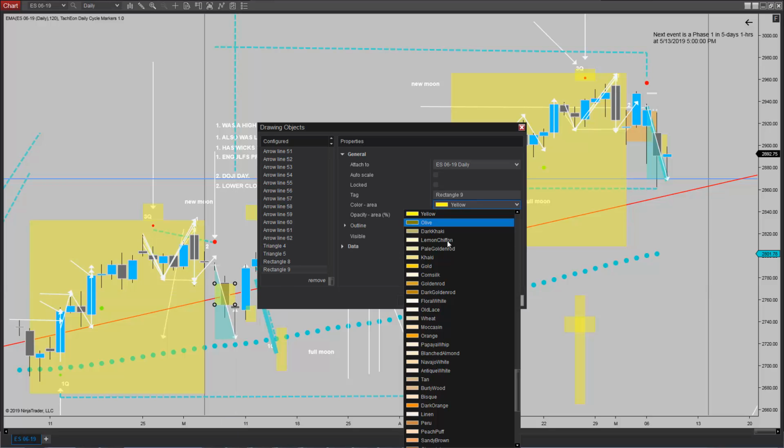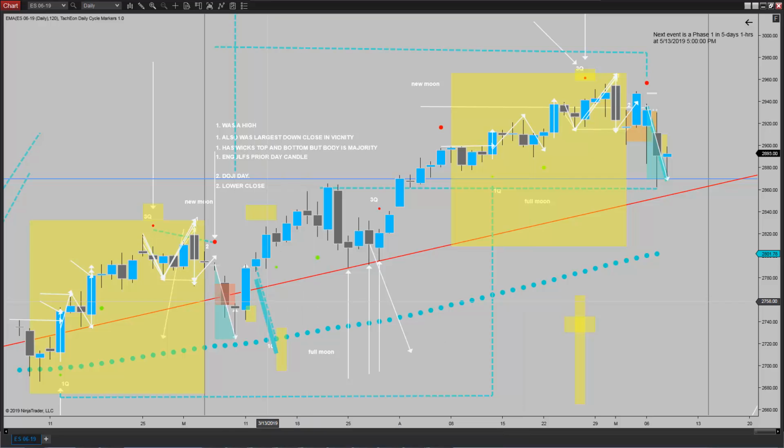It'll be helpful for us if I take it and make it tomato colored, right? So it pops out. So now if I take that rectangle, everyone, and I just copy it, watch what happens when I put it on the prior candle right there. Okay, just squeak it up. They're identical in heights, right?